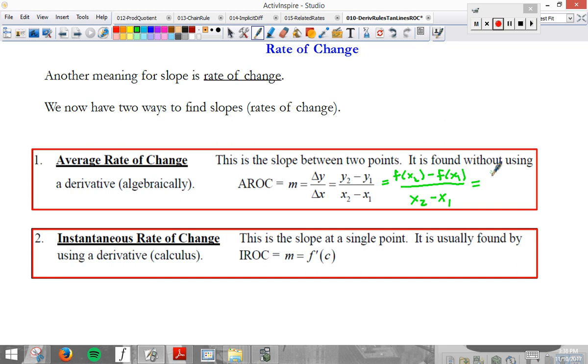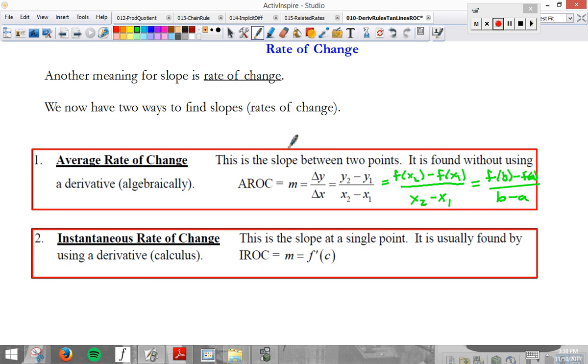So we're talking about f of b minus f of a all over b minus a. Average rate of change. That's it.